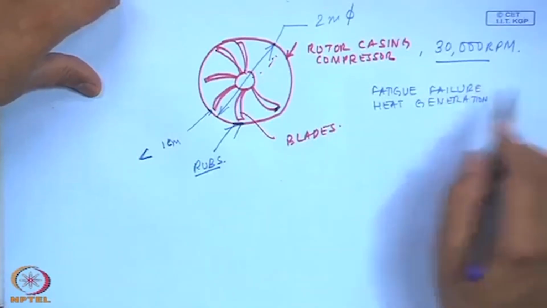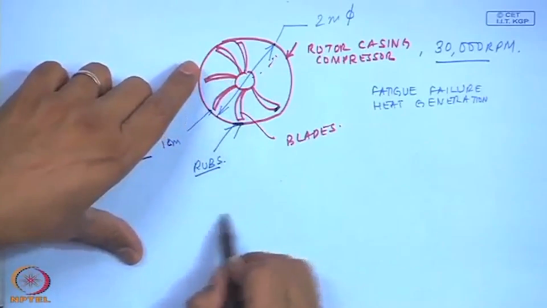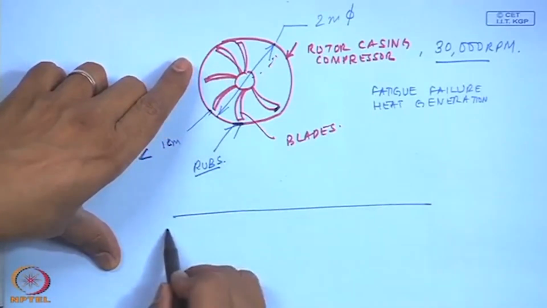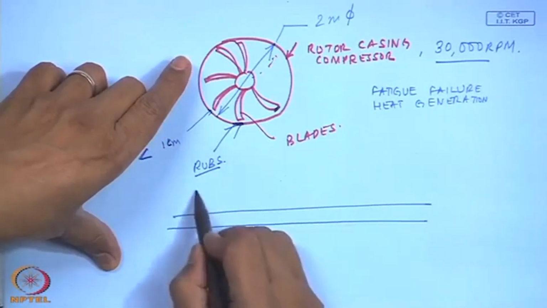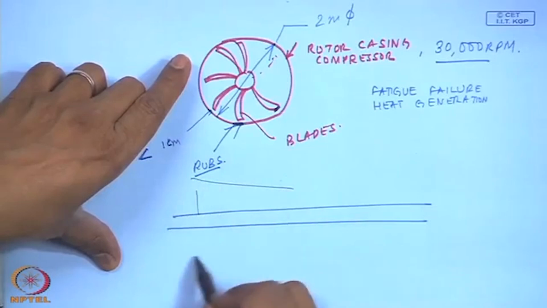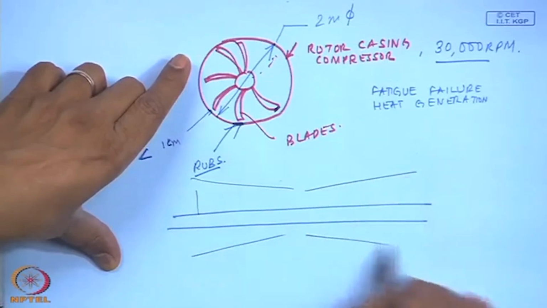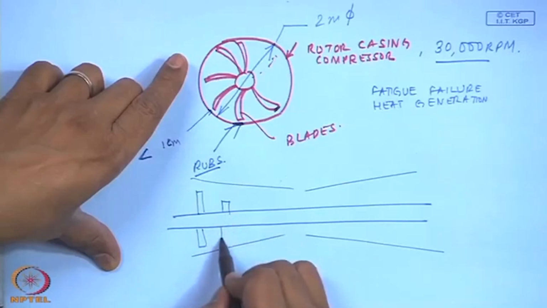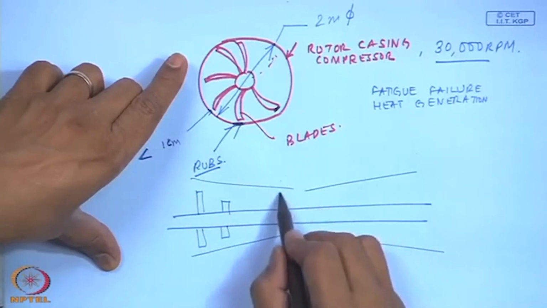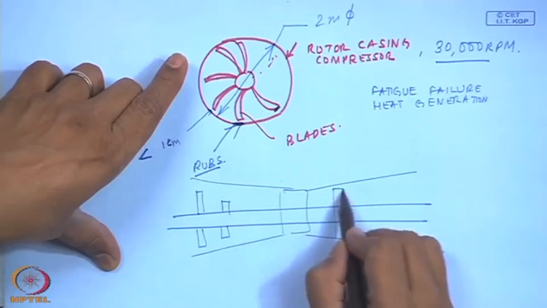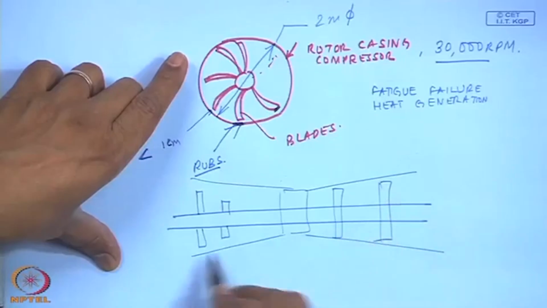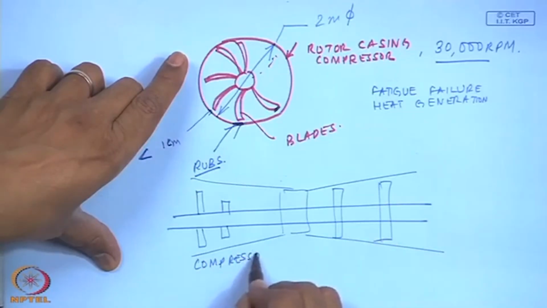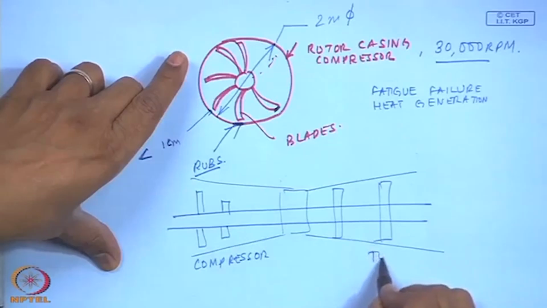And this could be because of my bearings which are supporting the long shaft, because in an aircraft engine there is a series of blades, the low pressure compressor, the high pressure compressor, etcetera, the combustor, and then the turbines. Of course, it works on the principle of the Brayton cycle, particularly the gas turbines.